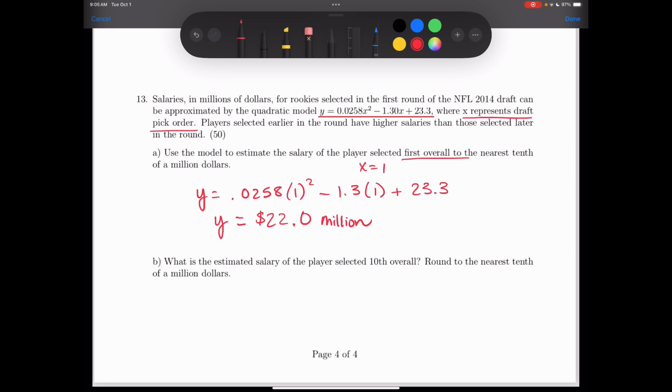What is the estimated salary of the player selected 10th overall, rounded to the nearest million dollars? So, if they're the 10th overall pick, what am I plugging in for X? 10. So y equals 0.0258 times 10 squared minus 1.3 times 10 plus 23.3.